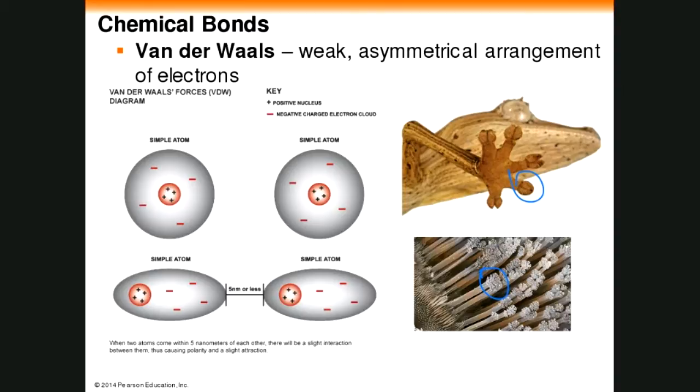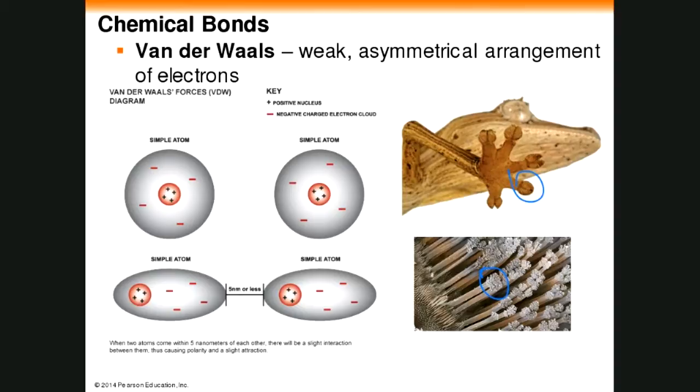For many years, we didn't talk about van der Waals forces in biology because biologists used to say, well, van der Waals forces are something that happens in chemistry, but biological organisms don't use them. There are no examples of biological organisms using van der Waals. But when we look at the gecko, and of course, a lot of this has to do with technology and electron microscopes, we found out, no, they absolutely do.